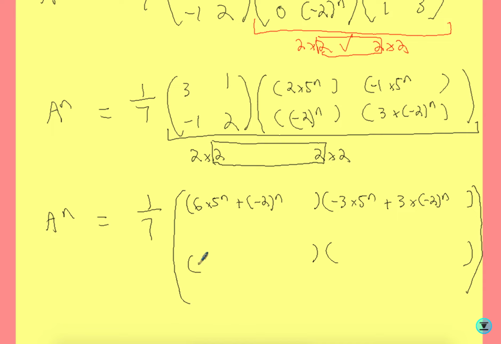So that's negative 2 times 5 to the power of n plus 2 times negative 2 to the power of n. And then this row here, so that's 1 times 5 to the power of n plus 6 times negative 2 to the power of n.